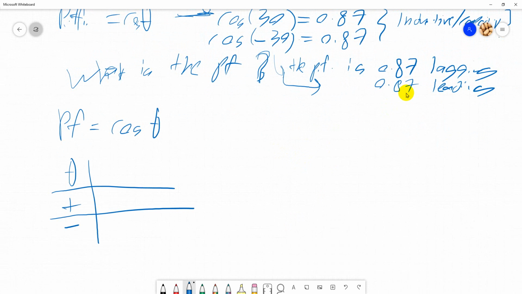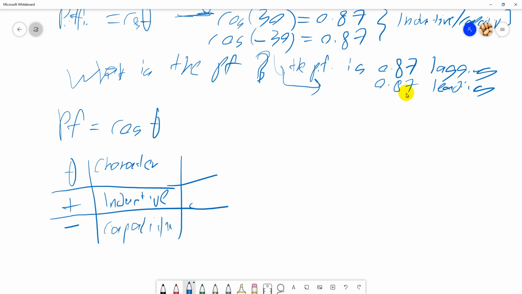If it is positive, the characteristic of the circuit is inductive, and when the theta is negative, the characteristic is more towards capacitive.